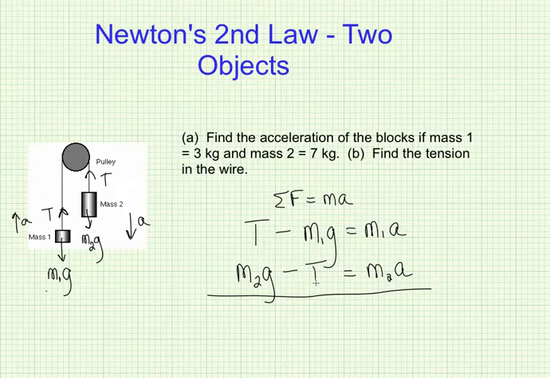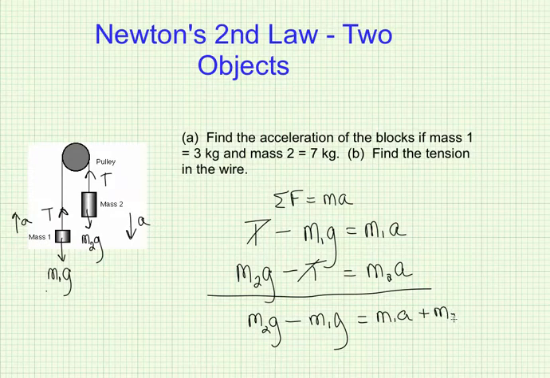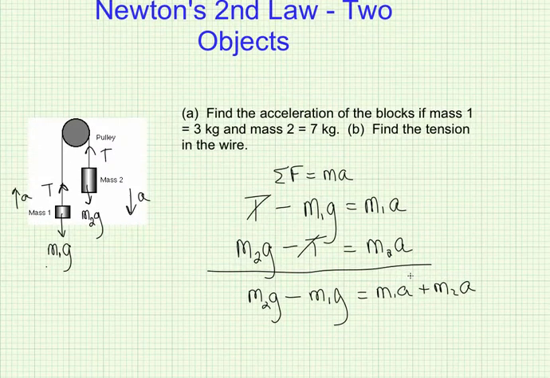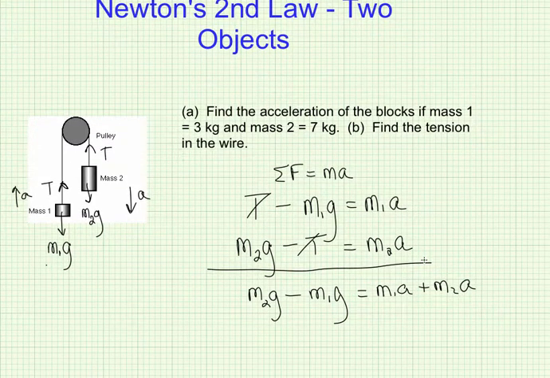I've got a tension minus a tension, so it's going to cancel out, leaving me with just m2g minus m1g equals m1a plus m2a. That tension is going to cancel out every time you do these problems. If it doesn't, you have a sign problem.